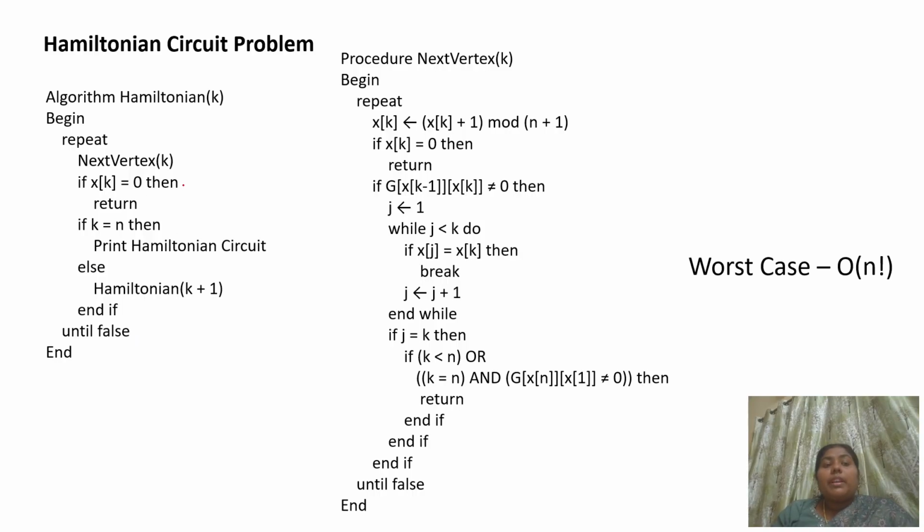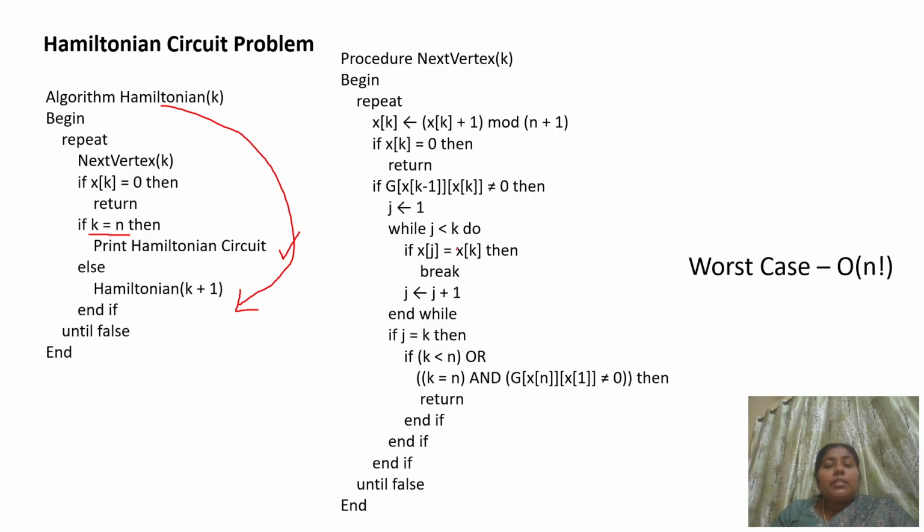If all the vertices are visited, that is k is equal to n, we are just going to print that one as a Hamiltonian circuit. Otherwise, we are just going to call this particular one with the next vertex, that is k plus 1. If k is equal to 1, we are just going to stop. Otherwise, we go to the next vertex.